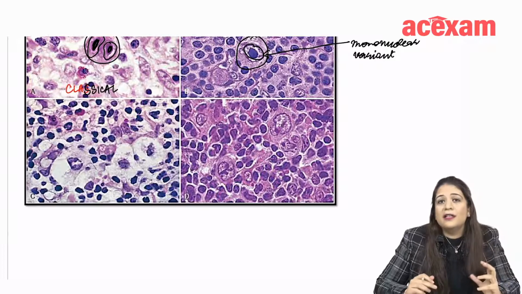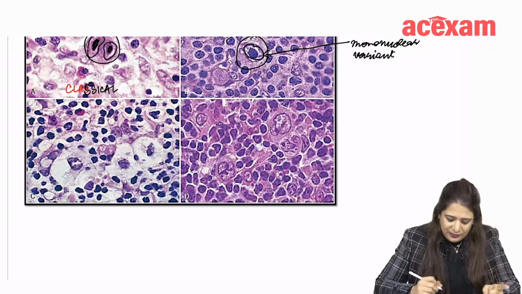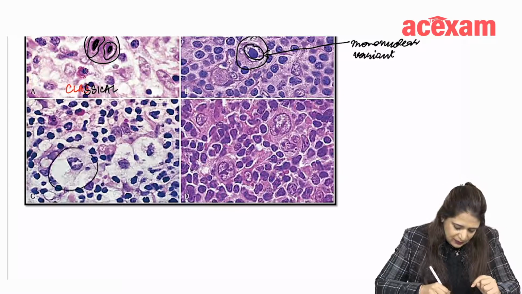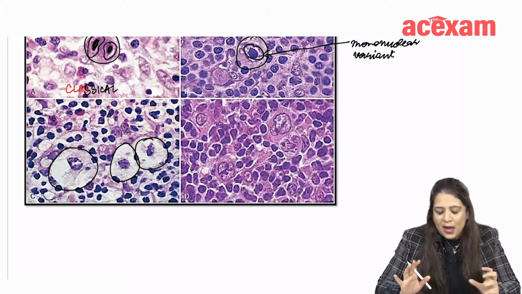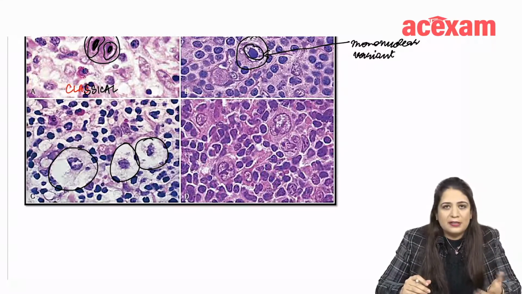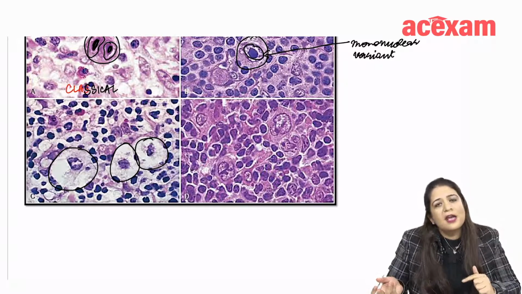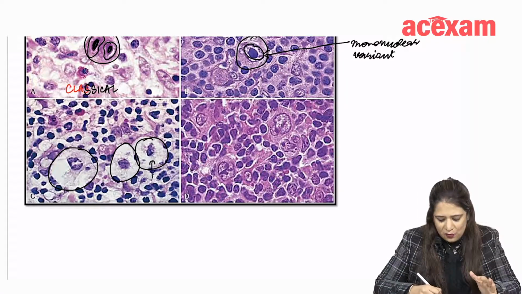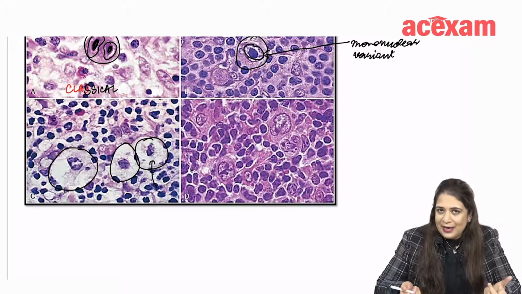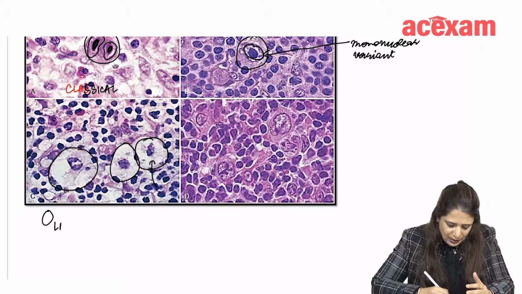But like there are different histological types of Hodgkin's lymphoma, there is one variant of Reed-Sternberg cell which looks as if it is lying in some empty spaces. It is not actually lying in empty spaces; in tissue processing of the paraffin embedded tissues, their cytoplasmic content is lost. So it looks as if the cells are lying in empty spaces or lacunae.